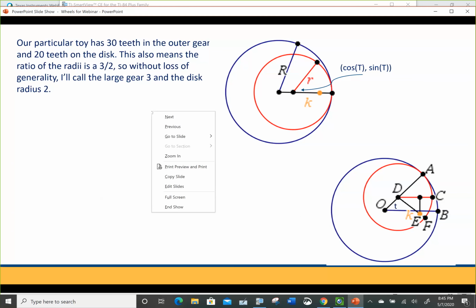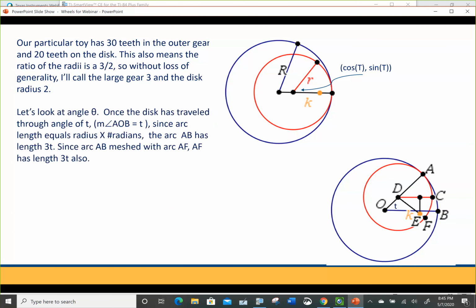If you look at angle theta, once the disc has traveled through angle T, remember the measure of AOB is T, that means I can find the length of arc AB, because the length of an arc is simply the measure of the angle in radians times the radius.